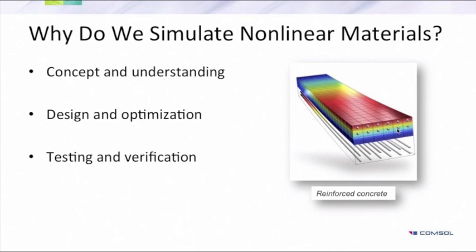So, why model with nonlinear materials? Well, why model anything at all? If you are going to create a new product or process, hyperelastic seal or reinforced concrete, you first want to get the concept right. The most important decisions are often made early in the product development cycle, when multiphysics modeling can give you the valuable insights you need.